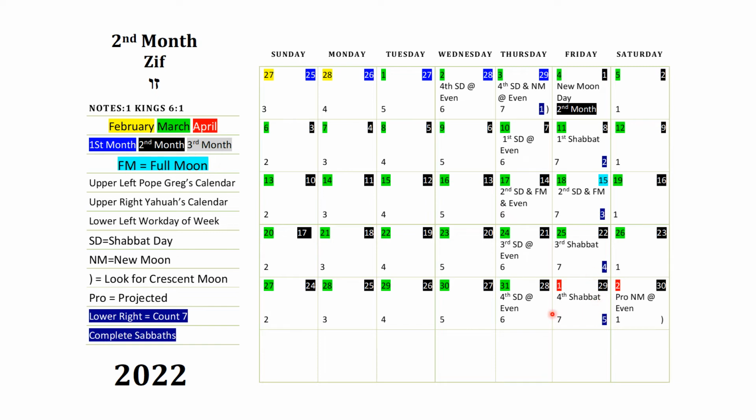All right. So this right here is the last Shabbat for the 2nd month, but it is the 5th week. It's the last Shabbat. It's the 5th week. So that's how you count. It's always new moon day and 4 Shabbats in a month. It ain't gonna be no more or no less than that.